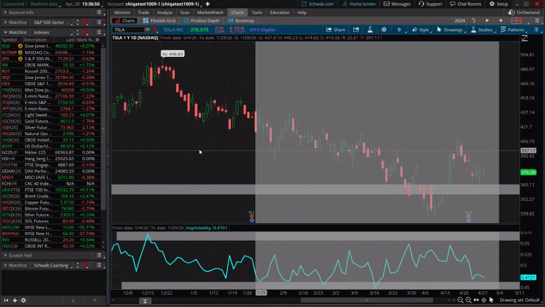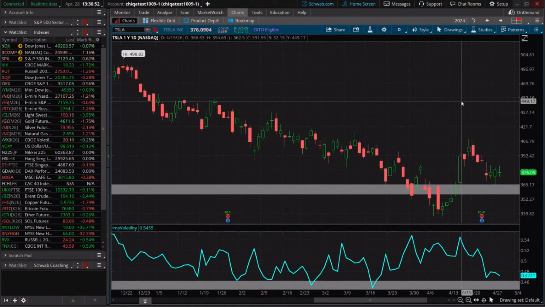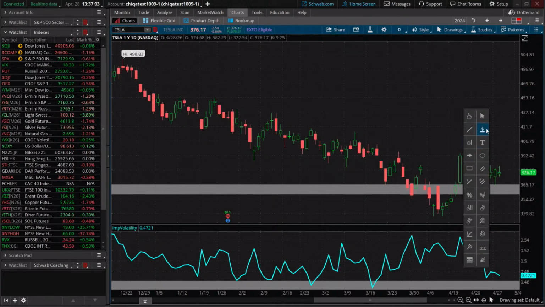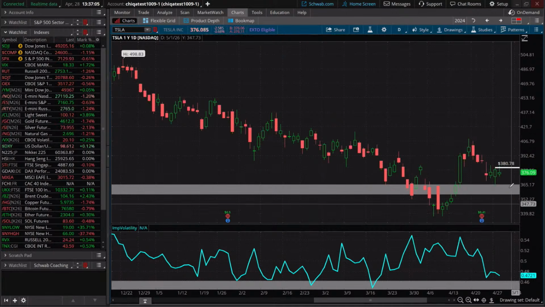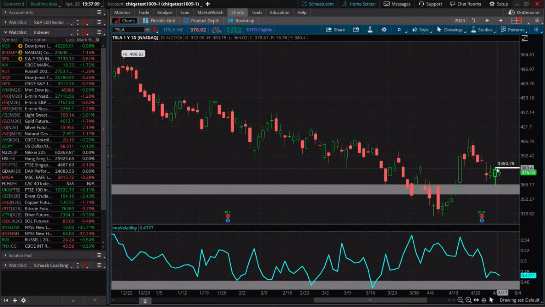So with a bullish engulfing candle, to get a confirmed move as a trader to say, hey, this is a true bullish engulfing candle, this is a true bullish reversal, a trader would look for a close above the high of that low day. So I just marked it there.